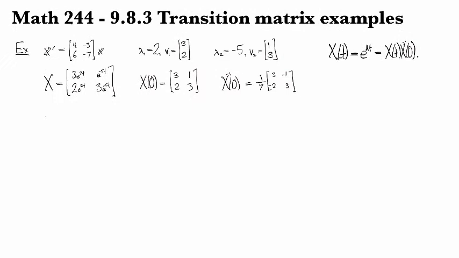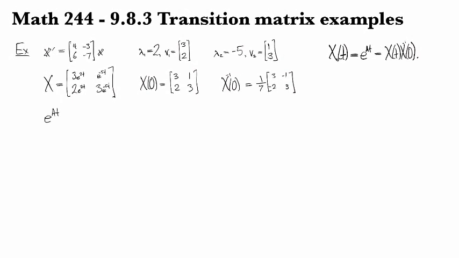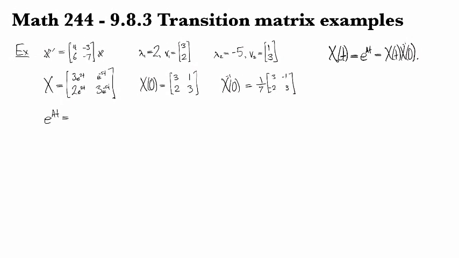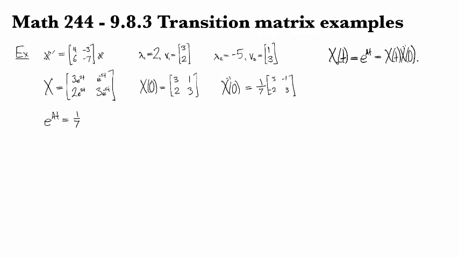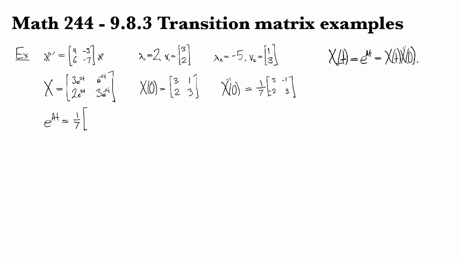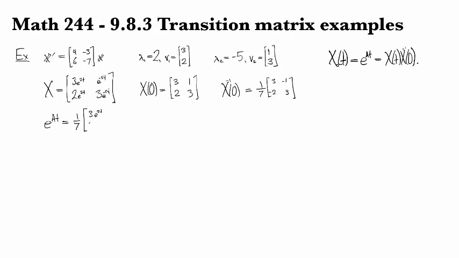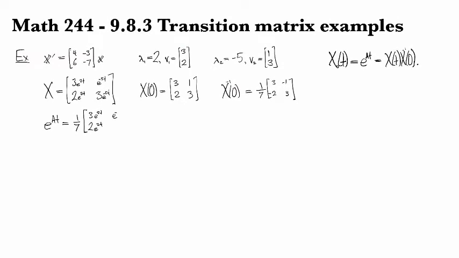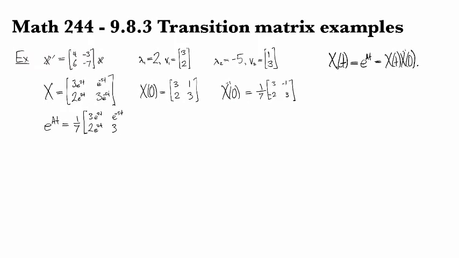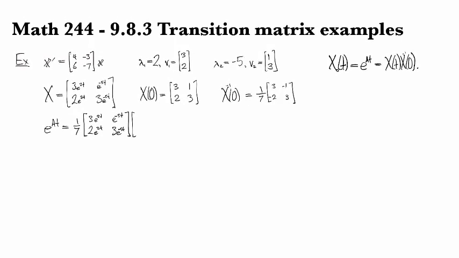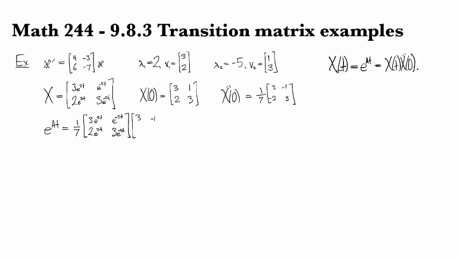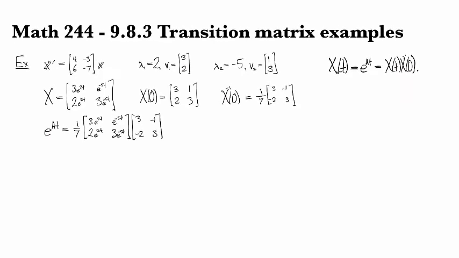And then your matrix exponential, or more precisely your transition matrix, is going to be, I'll put that scalar 1/7 out in front because I can put it anywhere, 3e to the 2t, 2e to the 2t, e to the minus 5t, 3e to the minus 5t times 3, minus 1, minus 2, 3.